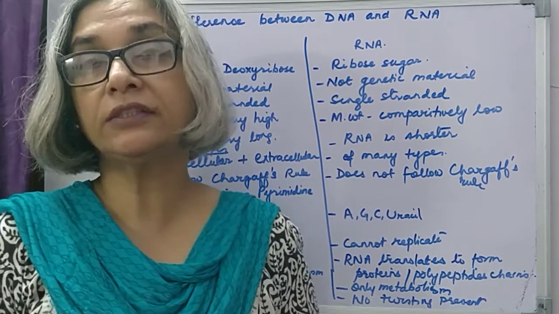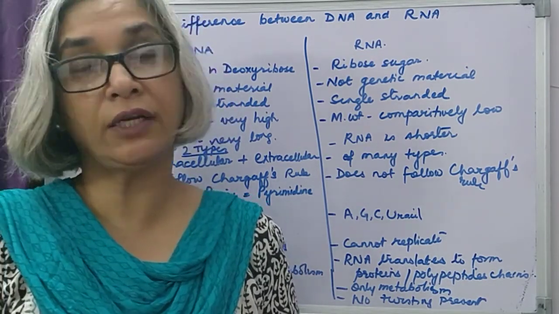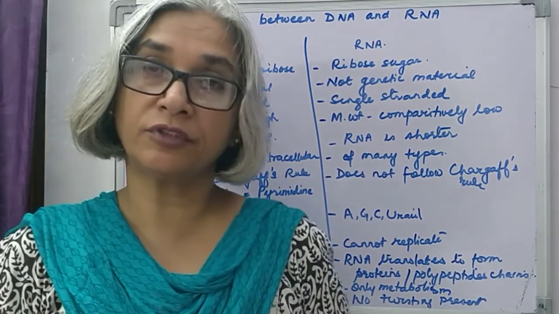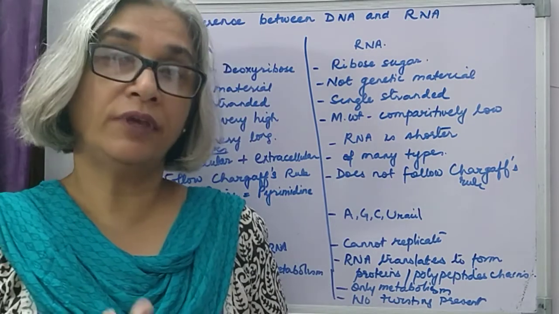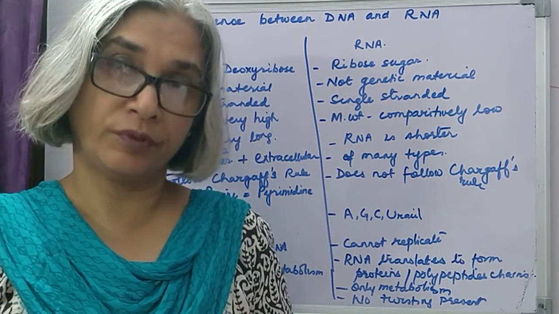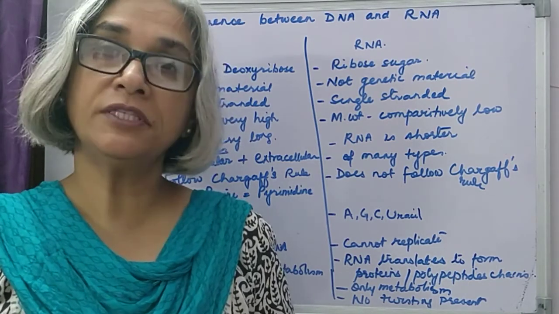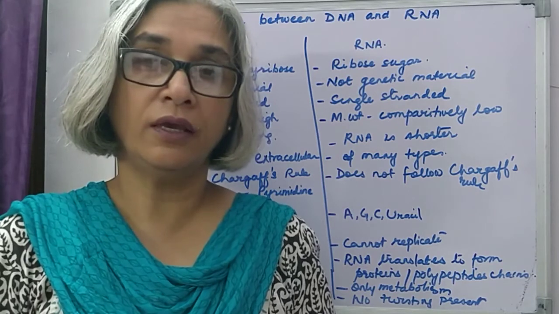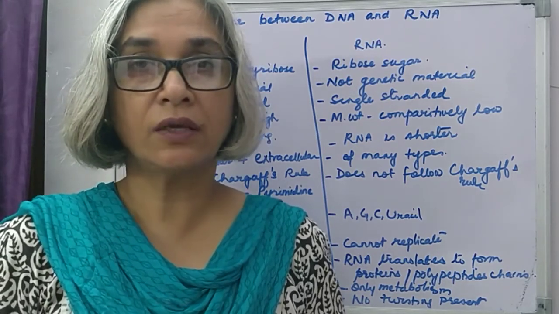We have discussed the structure of ribonucleic acid and deoxyribonucleic acid, Chargaff's base pair ruling, the basic structure of RNA and the differences between DNA and RNA. This much is enough for today. We will continue in the next class. Good luck till then.